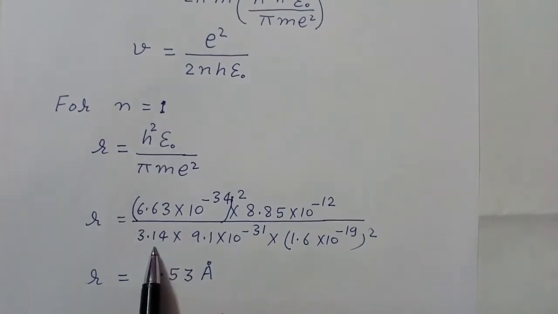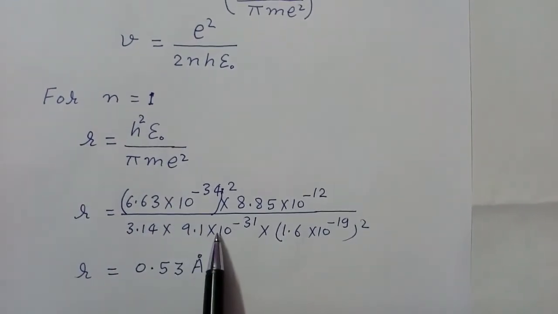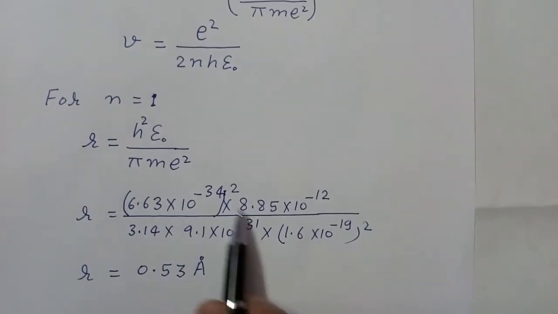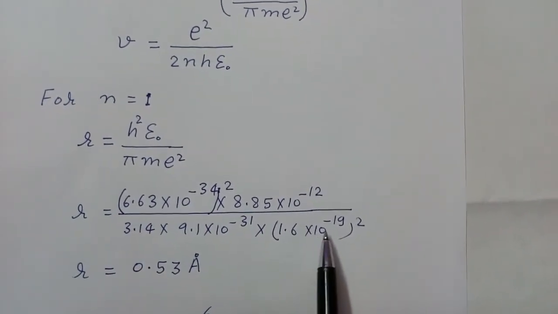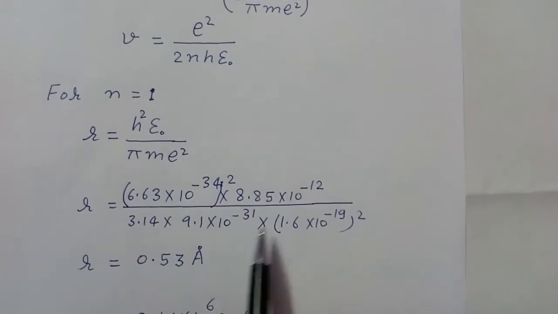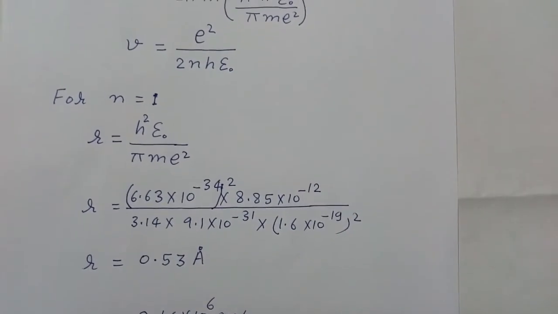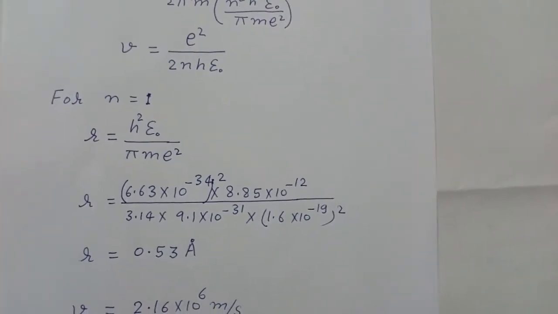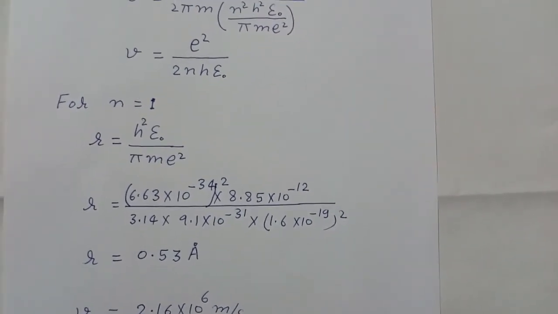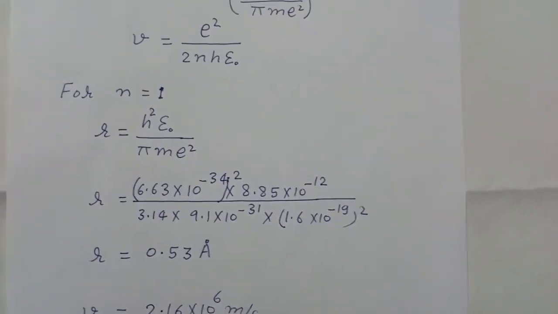Pi is equal to 3.14. m is the mass of the electron, which is equal to 9.1 into 10 power minus 31 kg, and the charge on the electron is 1.6 into 10 power minus 19; square this and solve it. We get the radius of the circular orbit of the electron for hydrogen atom is equal to 0.53 angstrom.